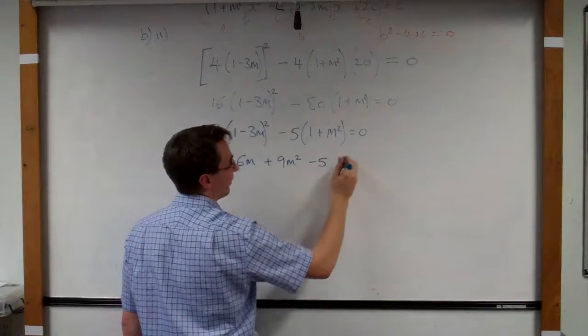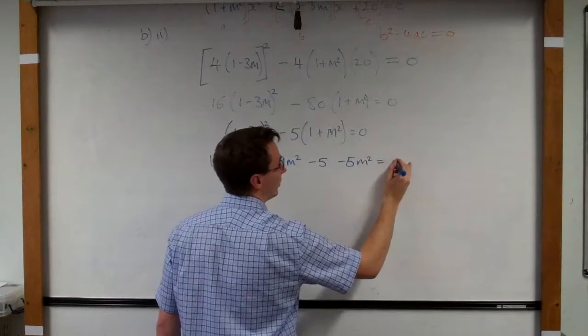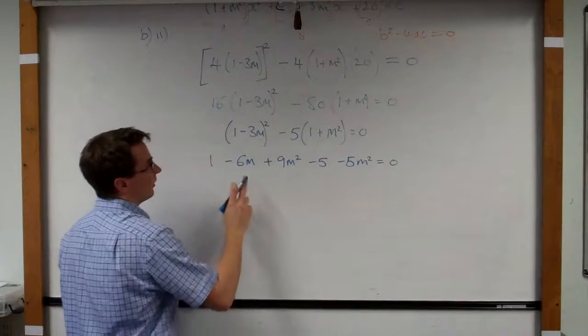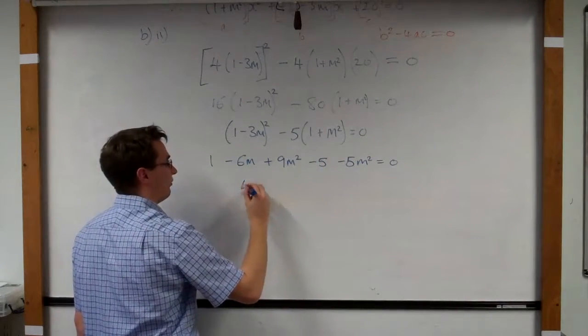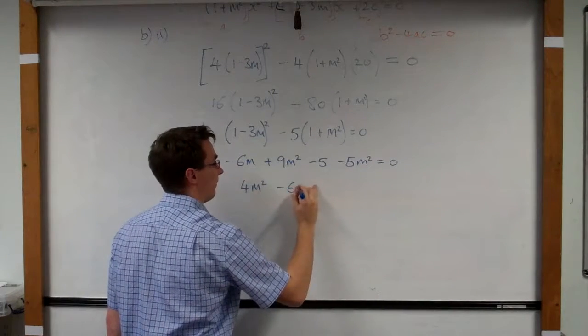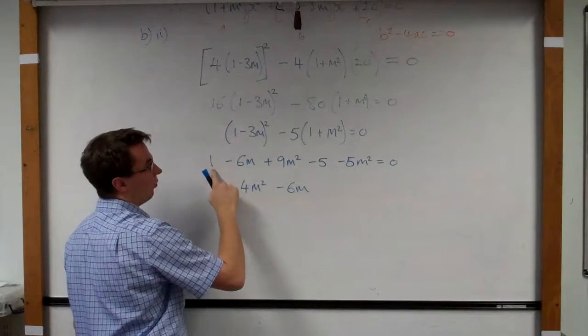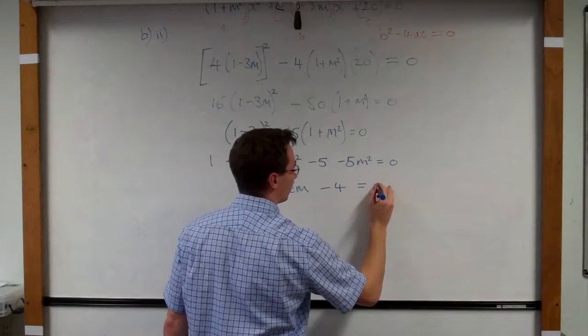Minus 5 times by the m squared, minus 5m squared, still equals 0. Now group my terms, so I've got 9m squared minus 5m squared, 4m squared. I've got minus 6m. And then I've got 1 minus 5 minus 4 equals 0.